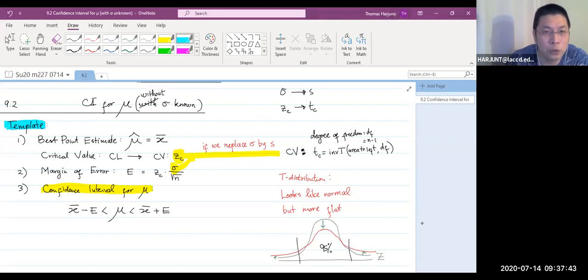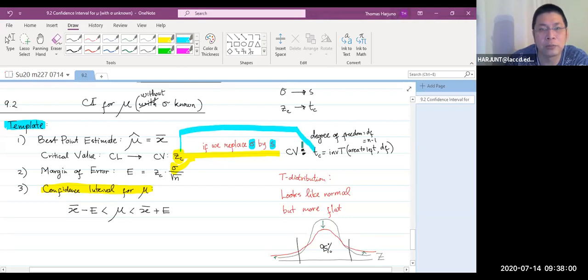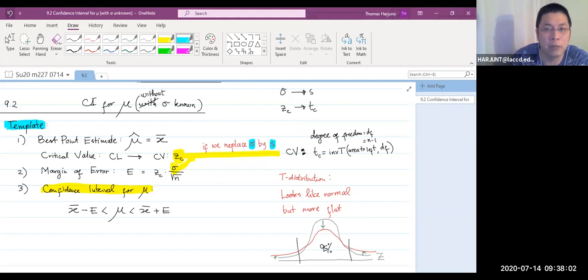But if you use your sample standard deviation in place of population standard deviation, then the distribution we use will change from standard normal distribution to T distribution. Keep that in mind. When do we know we use T distribution, Thomas? When we don't know population standard deviation.